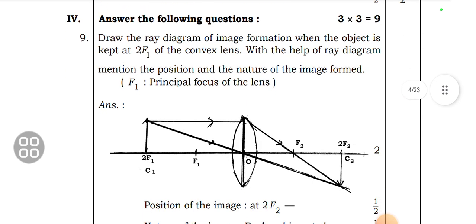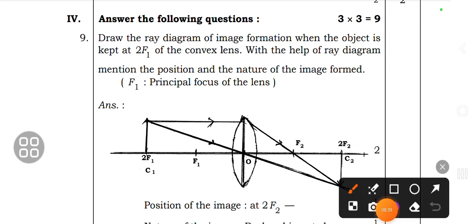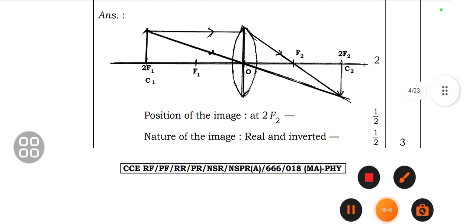Coming to this diagram for 3 marks, the 12 diagrams you need to practice for examination. Among the 12 or 13 diagrams, one is fixed for your examination, and by drawing the diagram neatly you will only fetch 2 marks, and the remaining marks are for the points you can see over here.